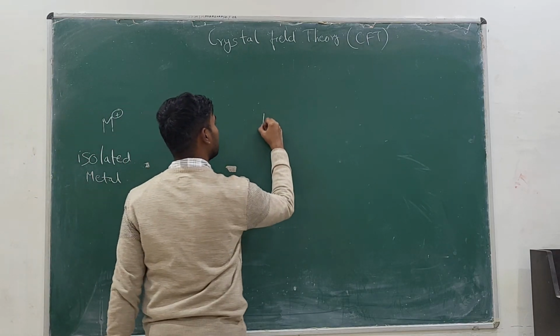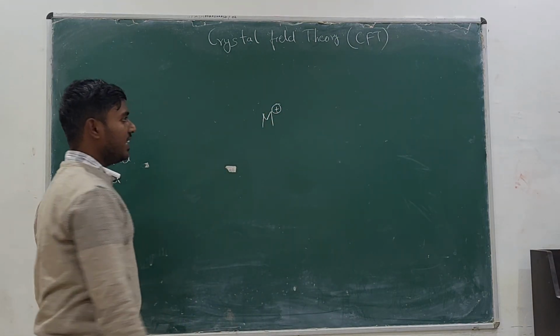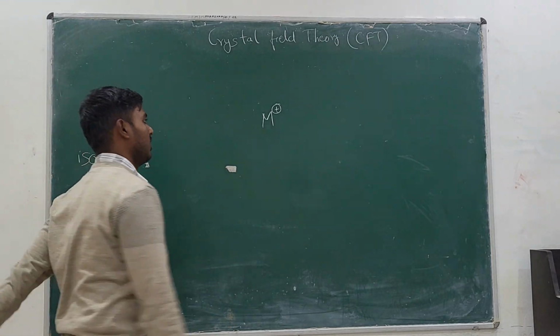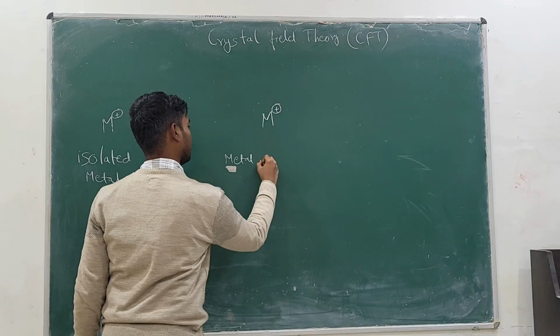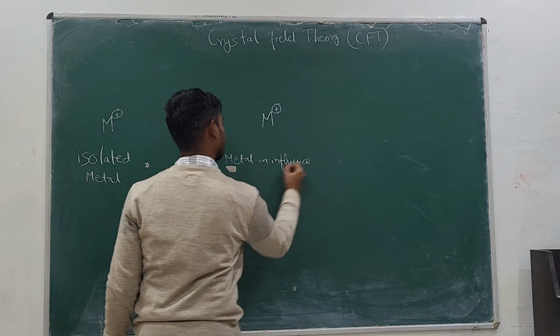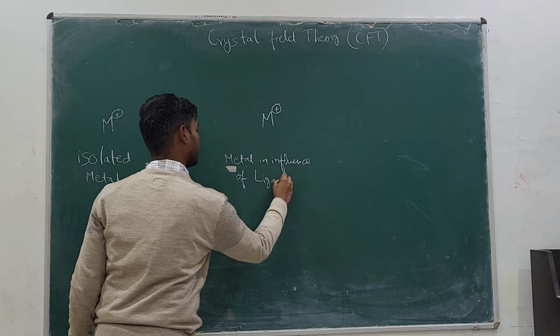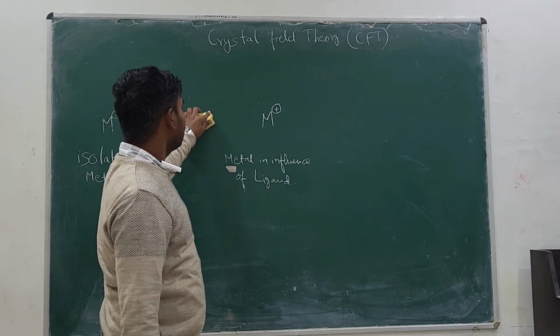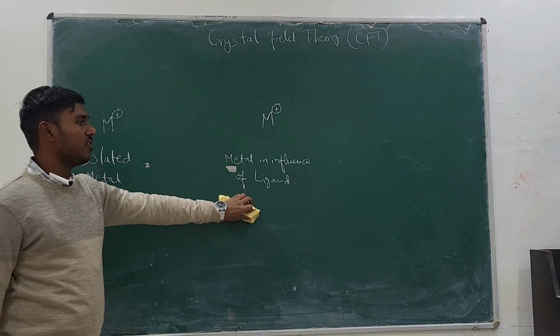And this metal is in the influence of the ligand. So this is the isolated metal and this one is the metal in the influence of ligand.